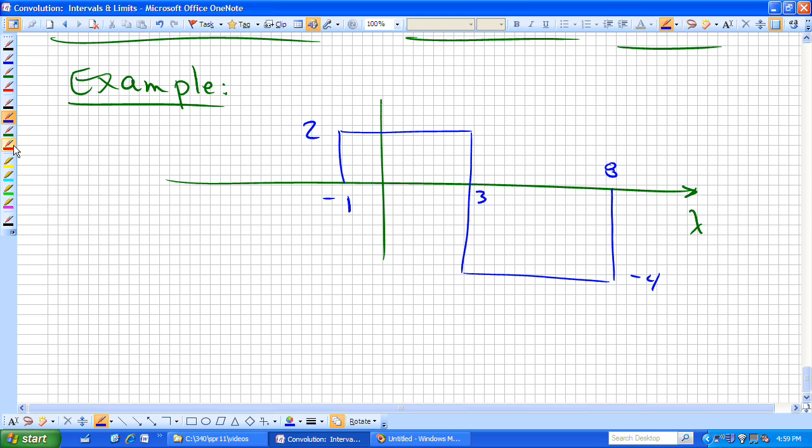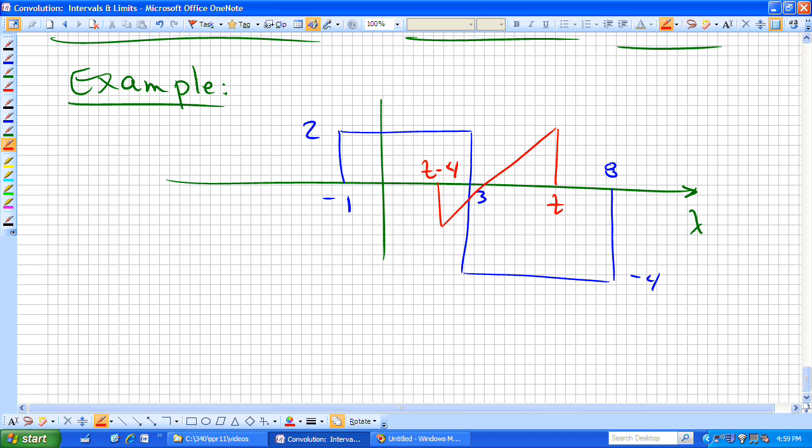Then maybe the x of t that they are convolving with this looks something like that, where this endpoint is t, and maybe this endpoint is t minus 4.